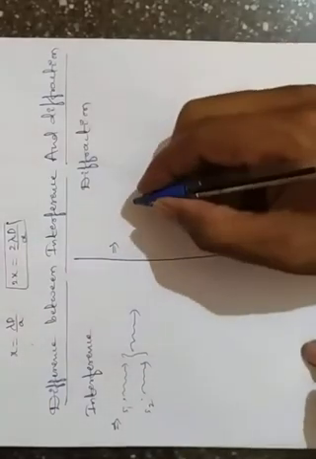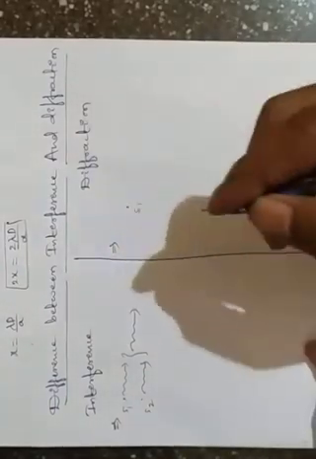In diffraction, there is only a single source. The waves coming from it superimpose, and again we get a part of the coherent source.